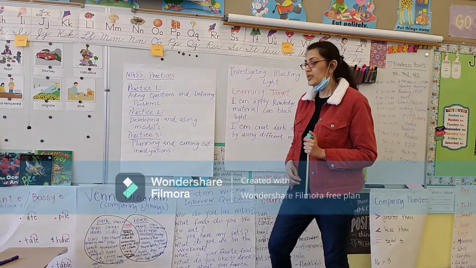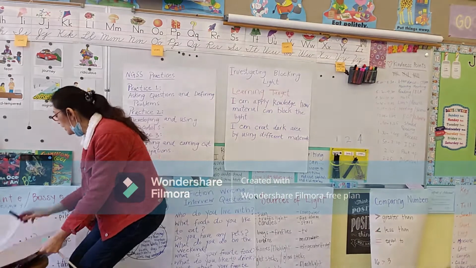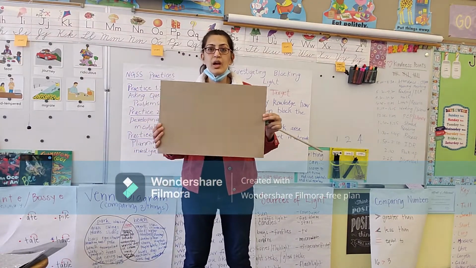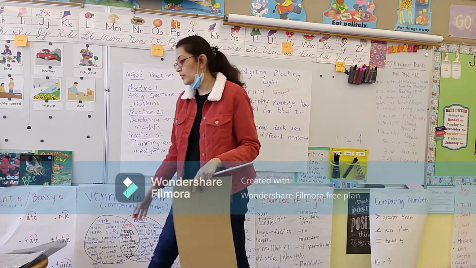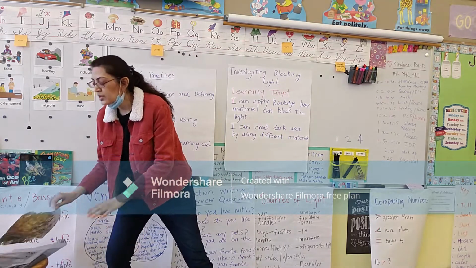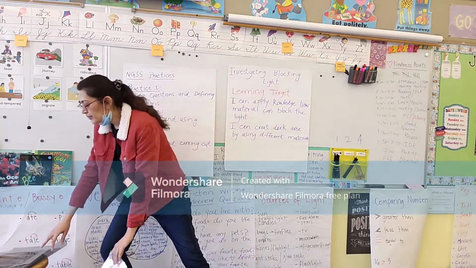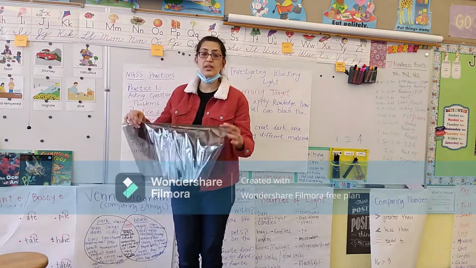For example, we use different materials over here. That is the cardboard material, and we will use that one in the lesson. The second material is foil, and we will use it in this lesson too. The third one is the tinted material.